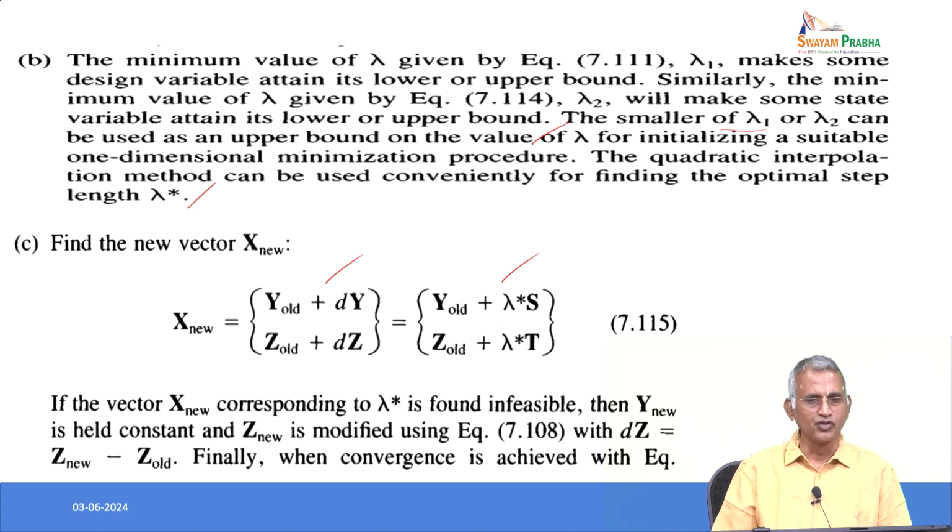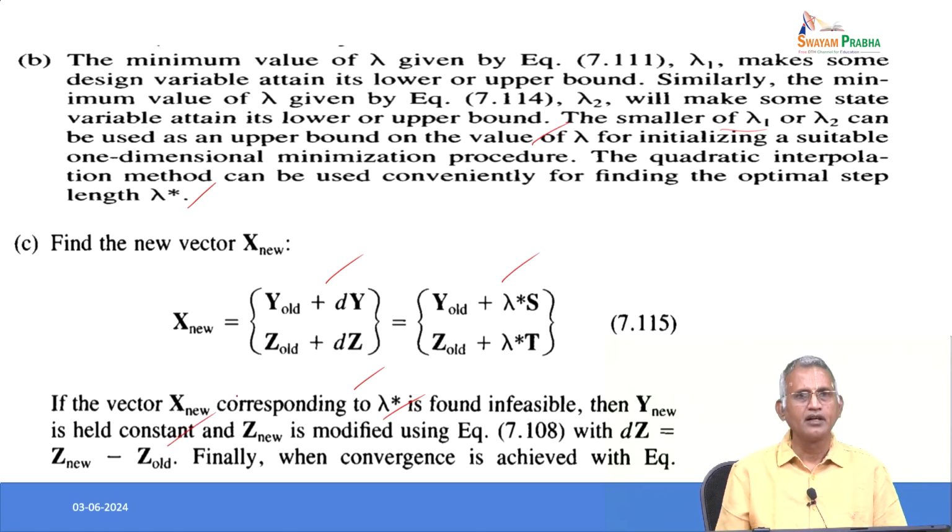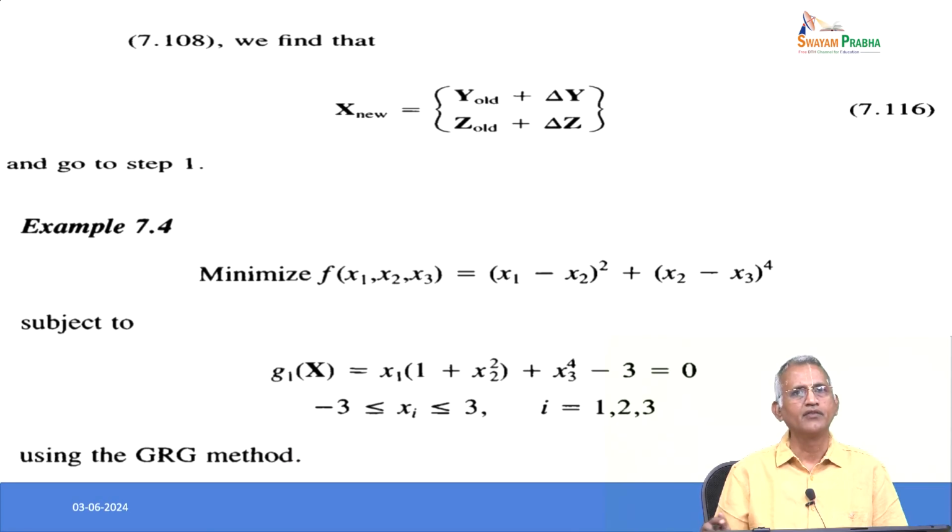If the vector x new corresponding to lambda star is found infeasible, then y new is held constant and z new is modified, and dz equals z new minus z old. Finally, when convergence is achieved with the equation, we find x new equals y old plus delta y and z old plus delta z, and go to step 1. So, this is the algorithm to be followed.